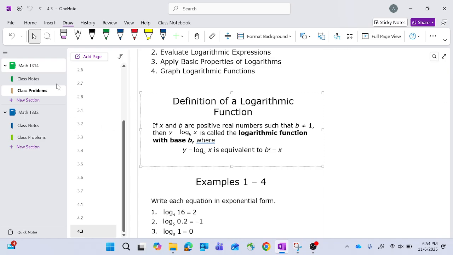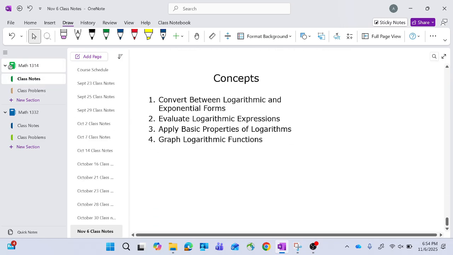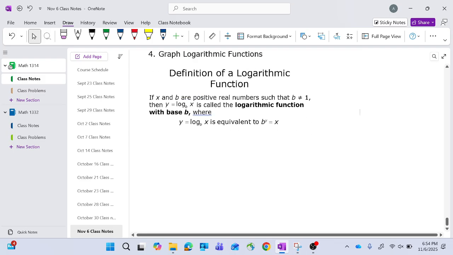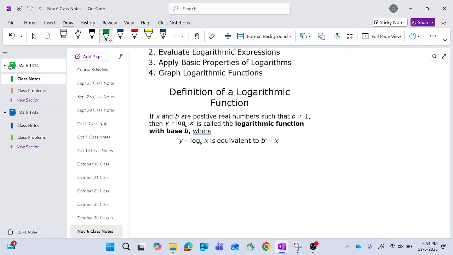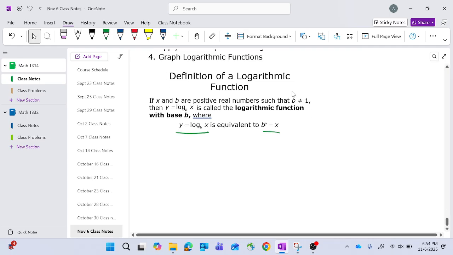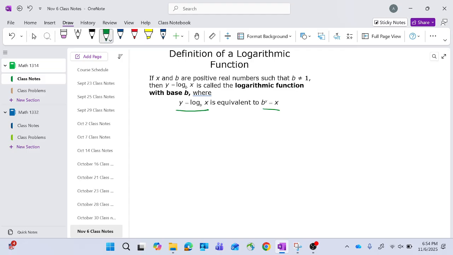So, definition of a log function. Essentially, y equals log base b of x. That's what a log is. And it's equivalent to b to the y equals x. So how to go between an exponential and a log, the way I think about it is that if you have y equals log base b of x, you can flip it to an exponent.